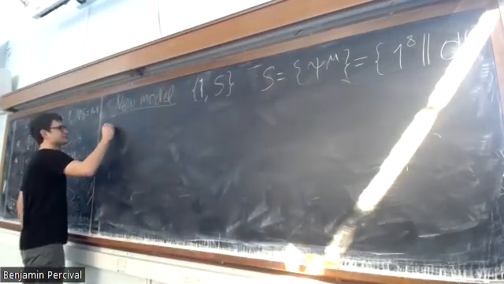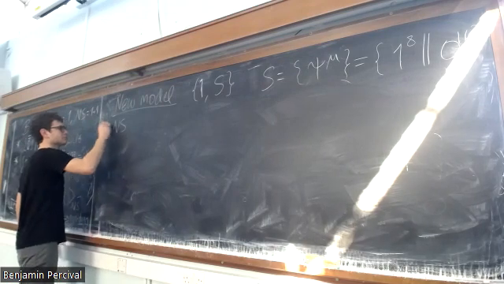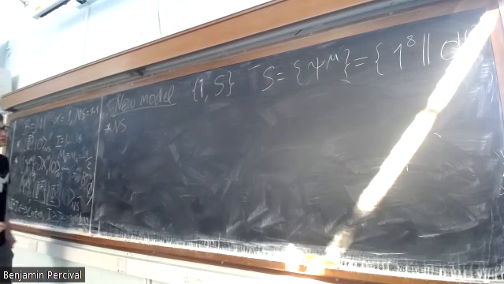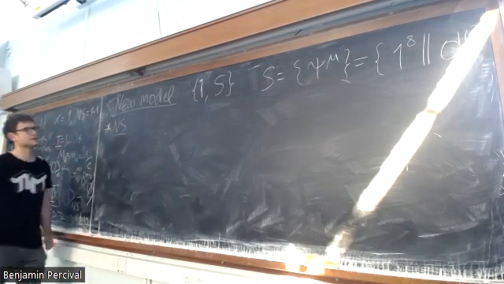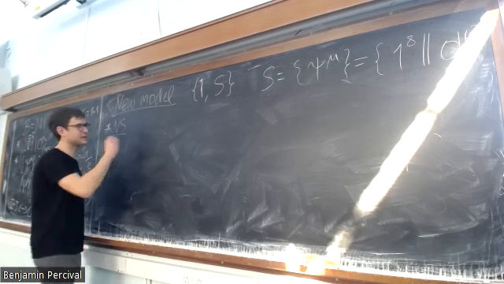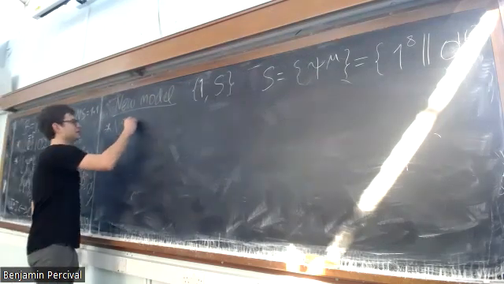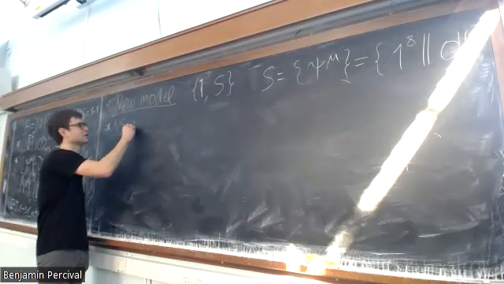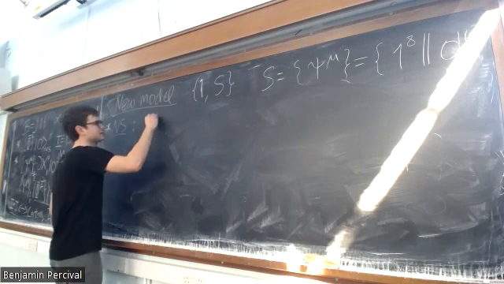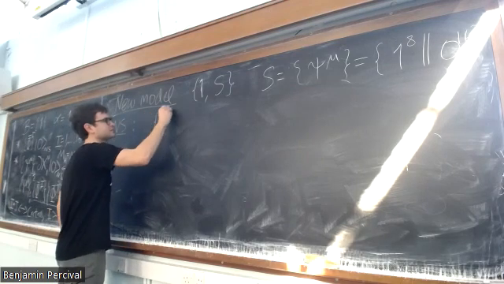Okay, so NS. So 2. The NS, similar to before, we get the same kind of states at the massless level. But let's say first, let's look at the tachyon. So last time we said we had a tachyonic state like this.